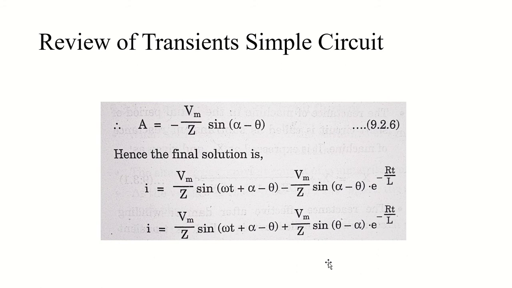Now in this last equation, the current i has two components. The first one is the steady state component, which stands for the steady state current, also known as the sinusoidal component. It has amplitude Vm divided by Z, and it lags the voltage phasor by the angle theta.